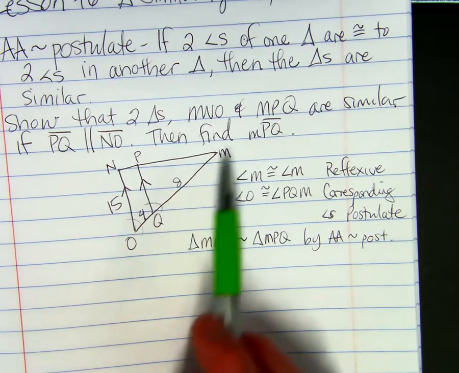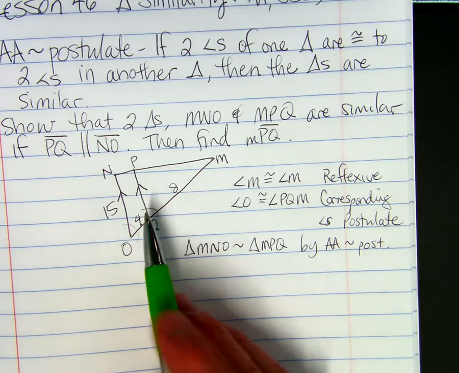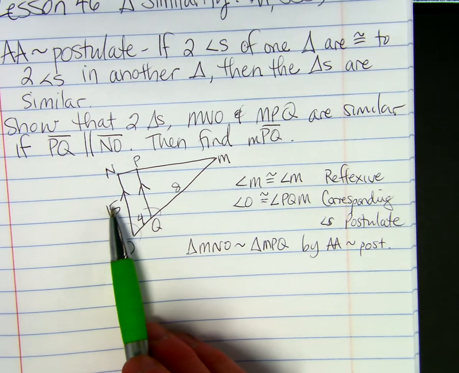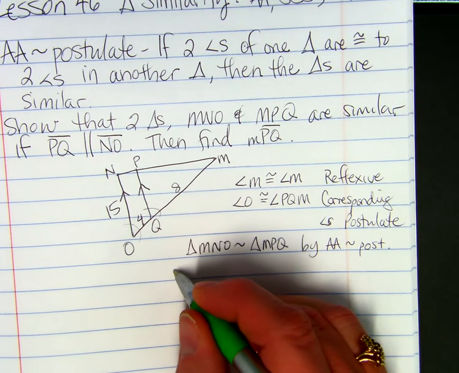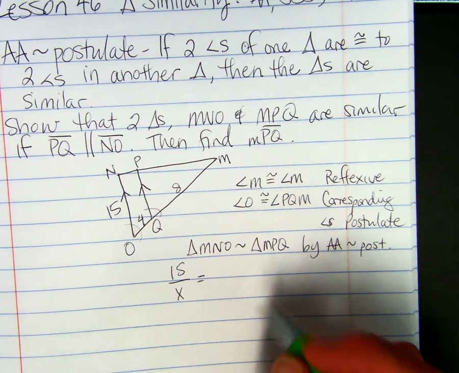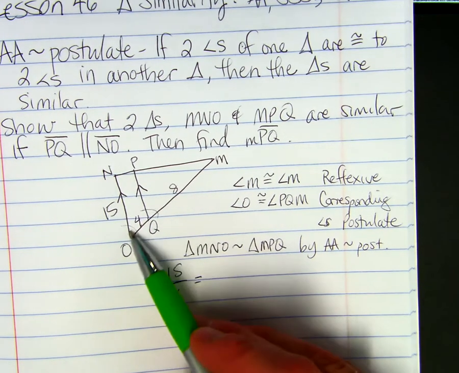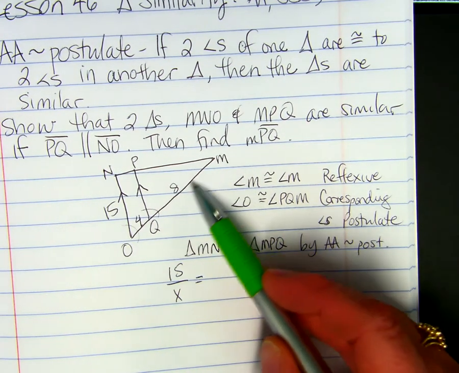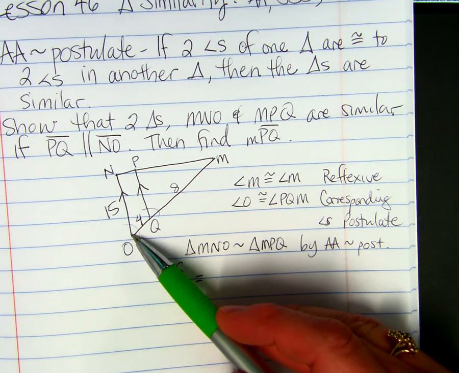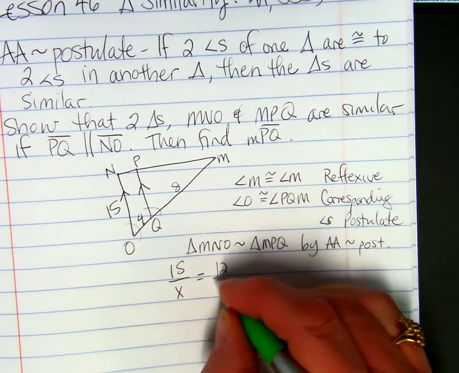Then to find PQ, we can set up a proportion and say 15 is to X as, and then we're going to do 15's from the big triangle. So we need to do the whole side MO, which is 12 to 8.